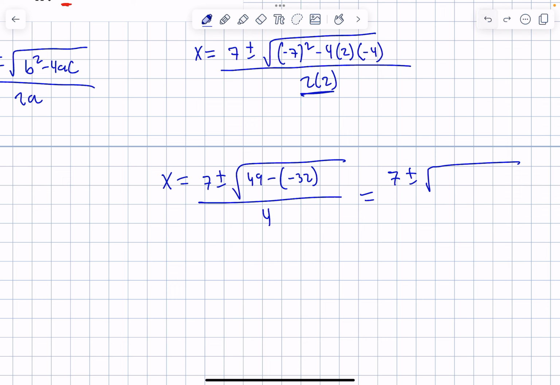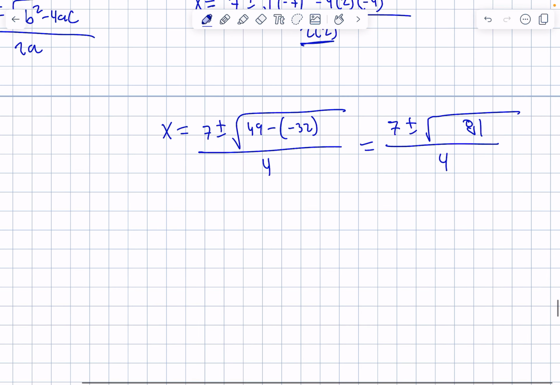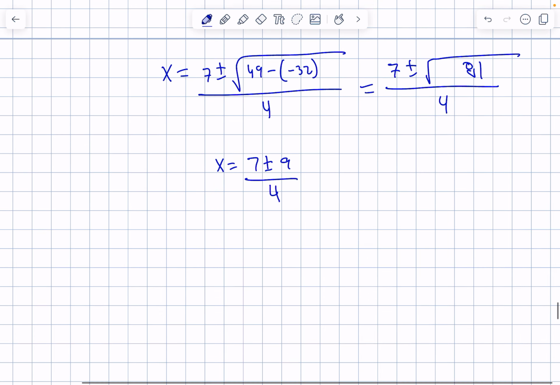You can think about it like that. 49 plus 32 is 81. Ooh, nice. All over 4. So then here, what do we know? We have x is equal to 7 plus and minus the square root of 81, which is 9, all over 4.